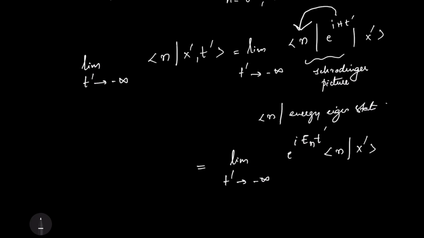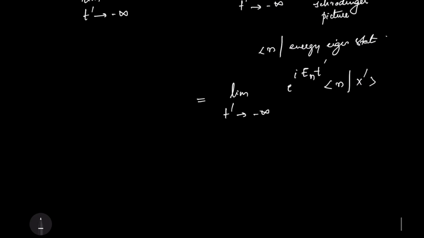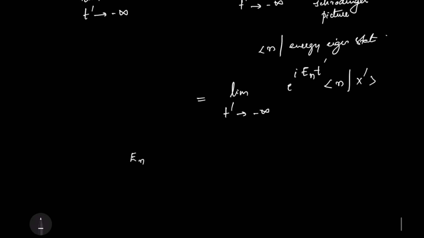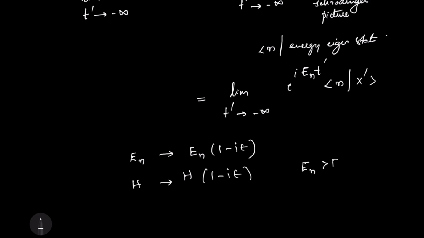So here I have to apply a trick. You have to imagine that this E n is of the form E n multiplied by 1 minus i epsilon. Then the corresponding Hamiltonian will also be of the form 1 minus i epsilon. By definition, E n is greater than the ground state energy.